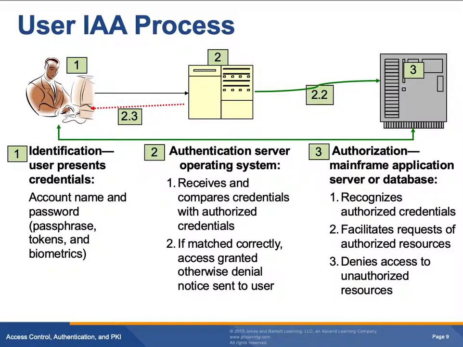So that implies that some sort of credentialing is occurring from, let's say, the Microsoft Active Directory server in the middle, or some other similar type of authenticator, passes some sort of token to the server, and that server then recognizes the credentials and understands what the user is authorized to do. Or it could even deny access to unauthorized resources should it get that far.